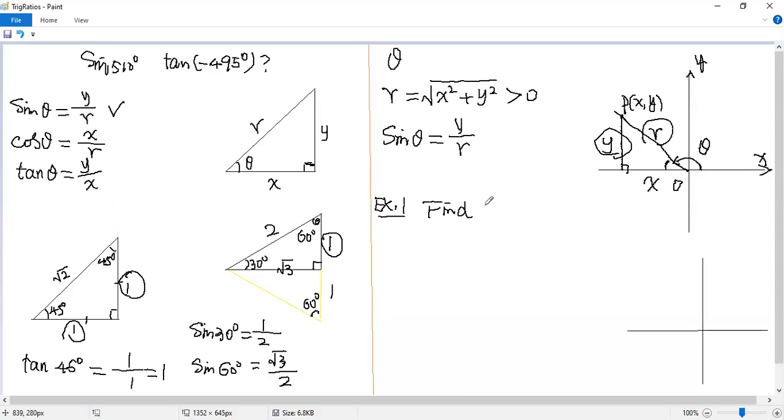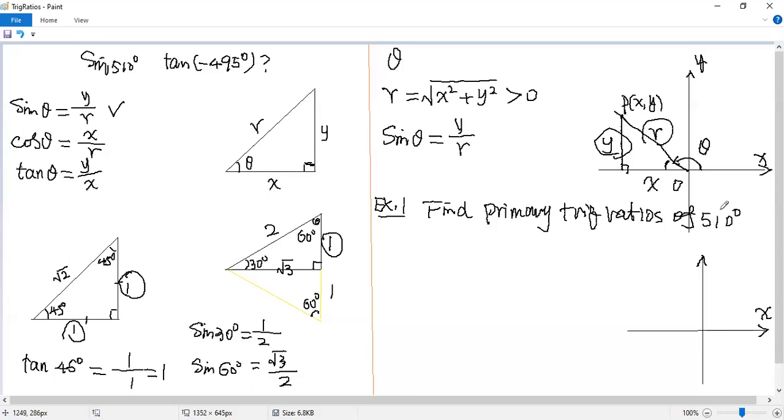Let's find the primary trig ratios of 510 degrees. First, we create a rectangular coordinate system.